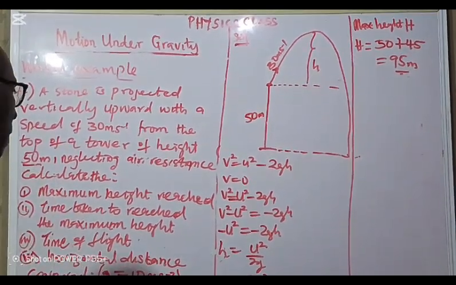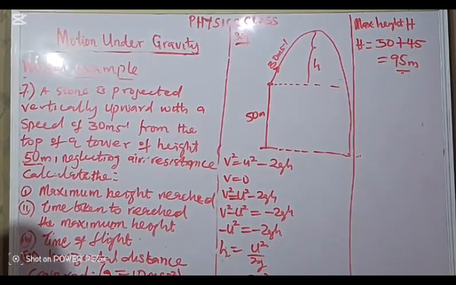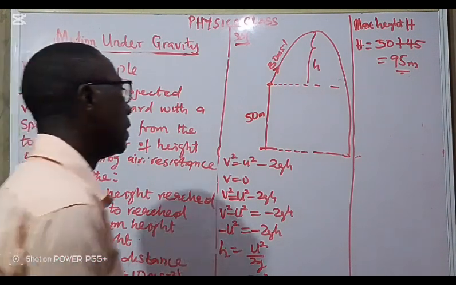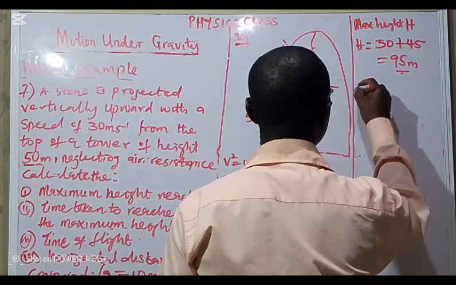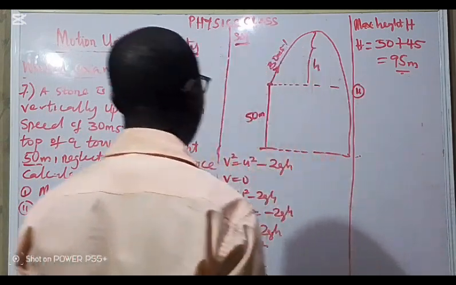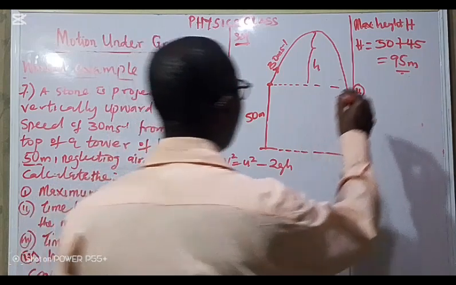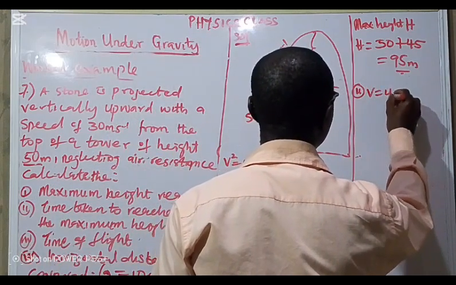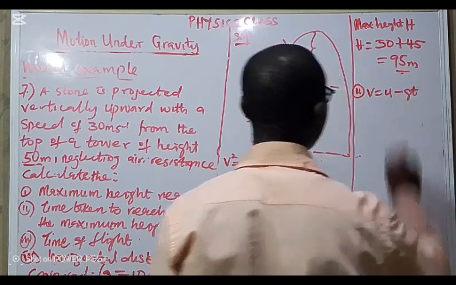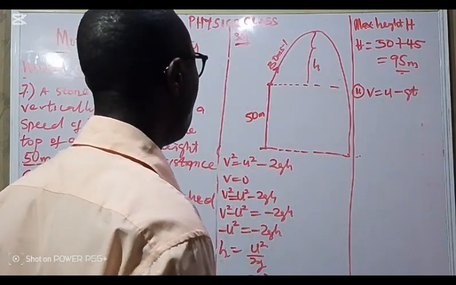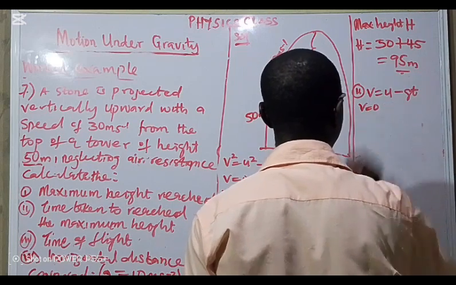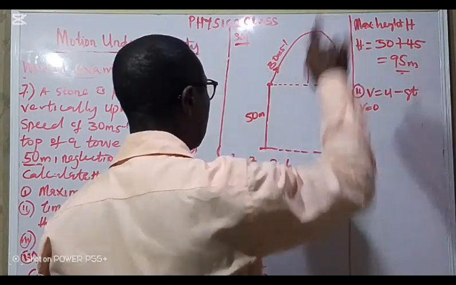That's question number 1. Then question 2: time taken to reach the maximum height. To calculate the time taken, use the first formula: v is equal to u minus gt. v is equal to 0 as usual, because at maximum height the stone is momentarily at rest.